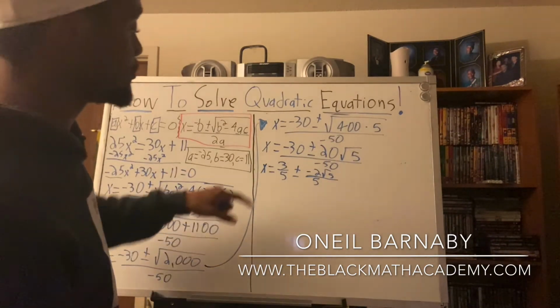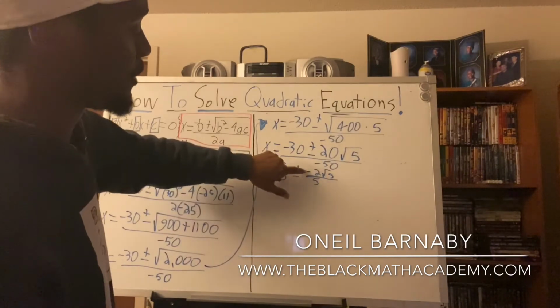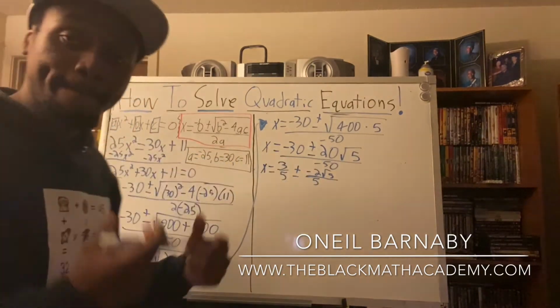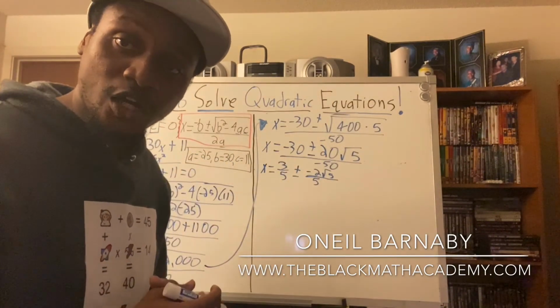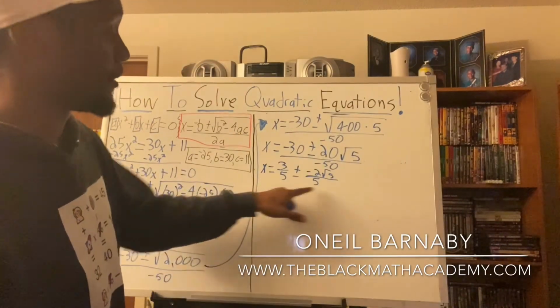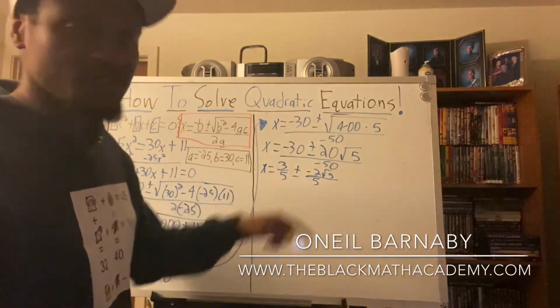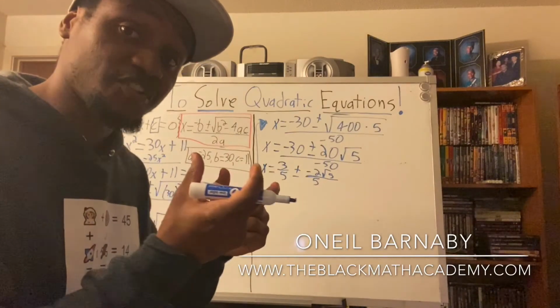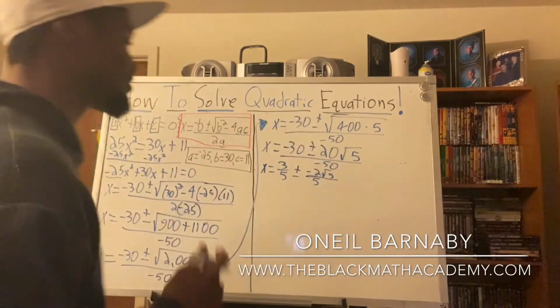Because we have two values, 3 over 5 and negative 2 root 5 over 5, both of those fractions have the same denominator of 5. So we can put them both under the same fraction as opposed to two separate fractions.